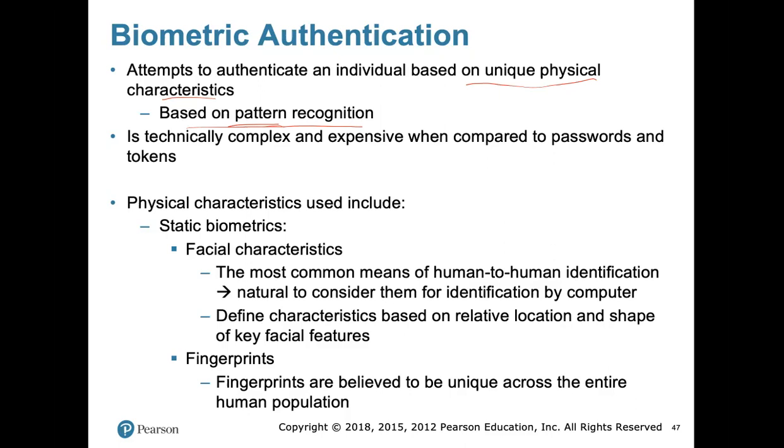So when we say authentication based on biometric features, it means that we have to do some type of pattern recognition. Based on that, biometric authentication becomes by nature more complex and more expensive than, for example, password-based authentication or token-based authentication.